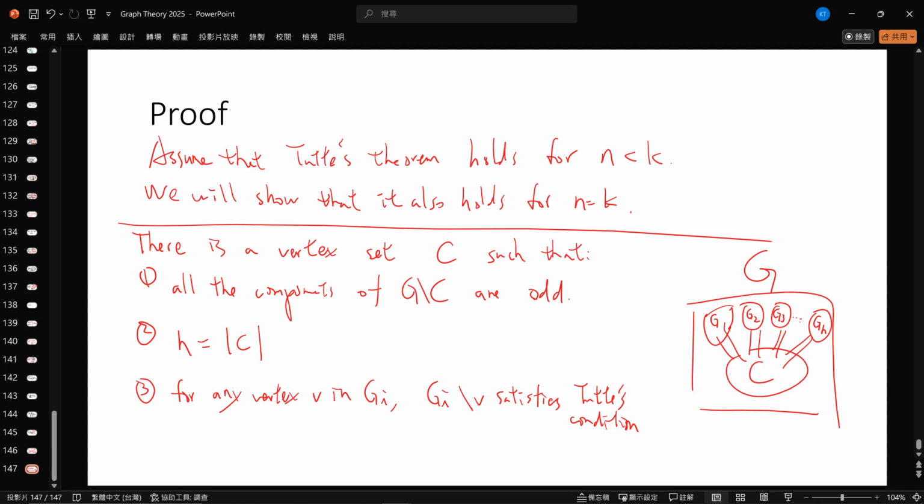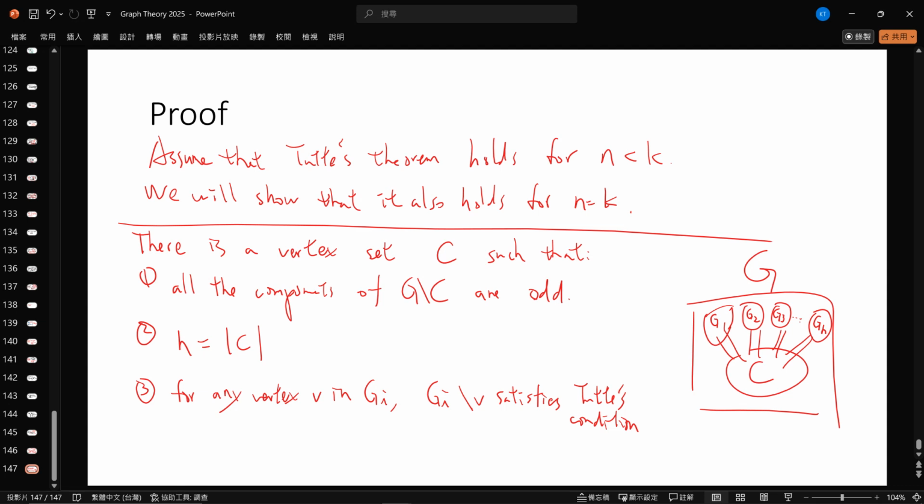The third condition says, say we consider this G1, and we can pick any vertex you want and remove it from G1. Then the remaining graph will satisfy Tutte's condition.